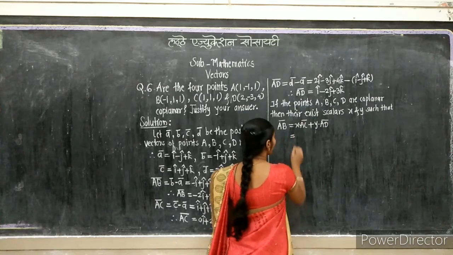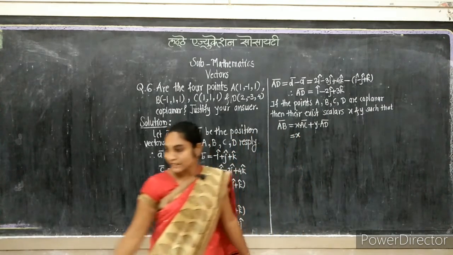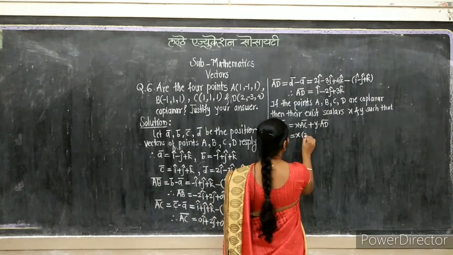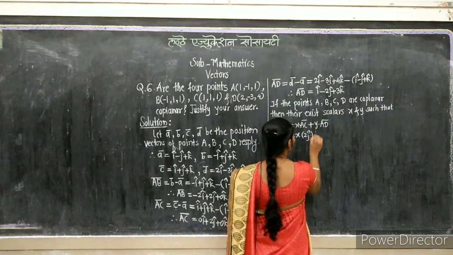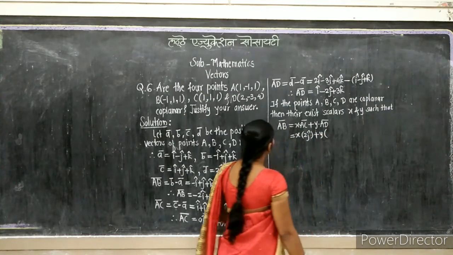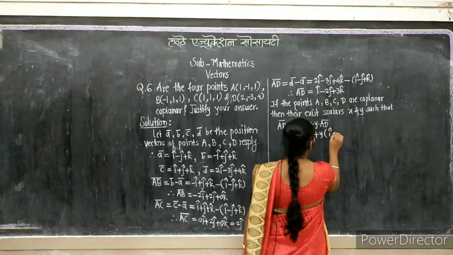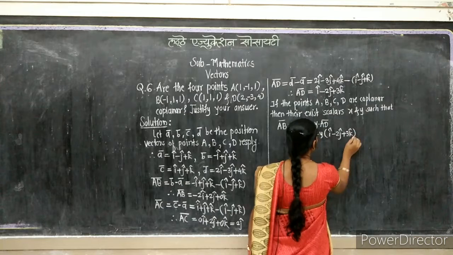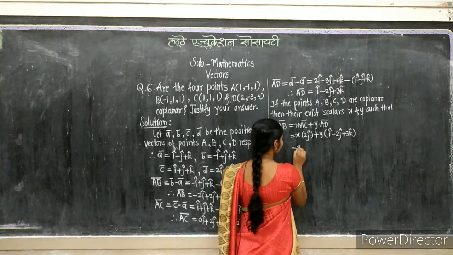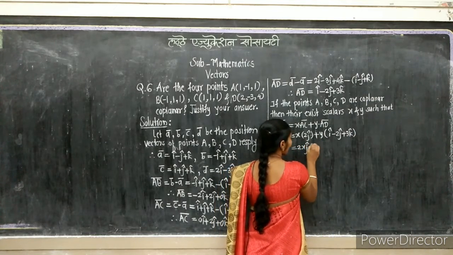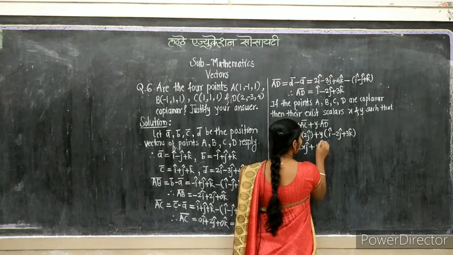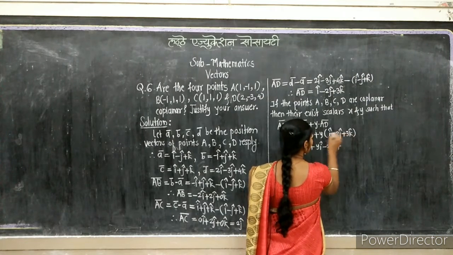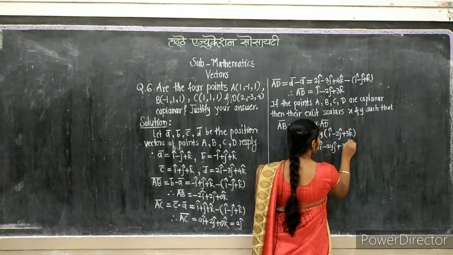AC bar is 2 j cap, and AD bar is i cap minus 2 j cap plus 3 k cap. So this is equal to 2x j cap plus y i cap minus 2y j cap plus 3y k cap.